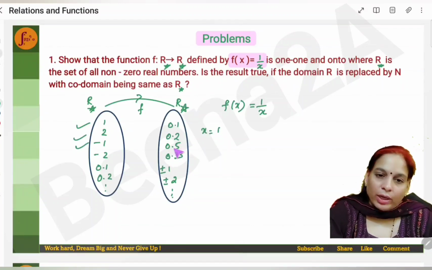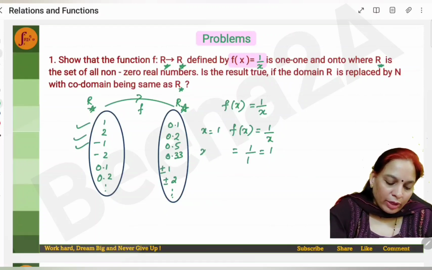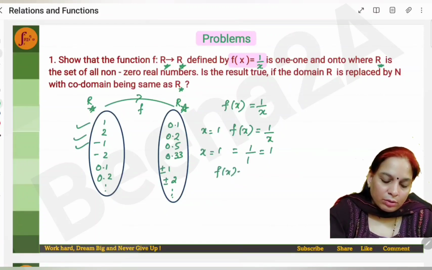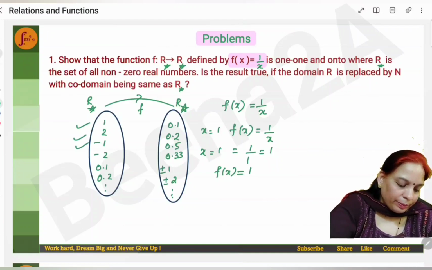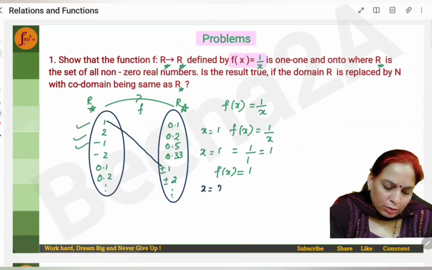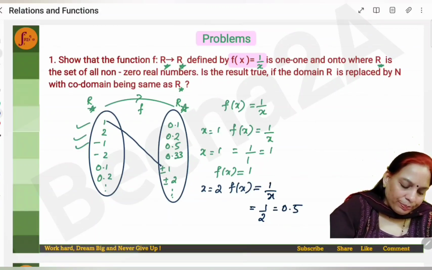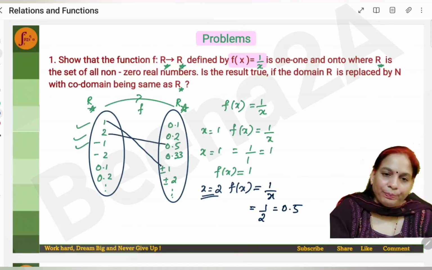So if x is equal to 1, then f of x is 1 by 1, which is 1. So it will be mapped to this particular element. Now if x is equal to 2, then f of x is 1 by 2, which is 0.5. That means 2 is mapped to 0.5.